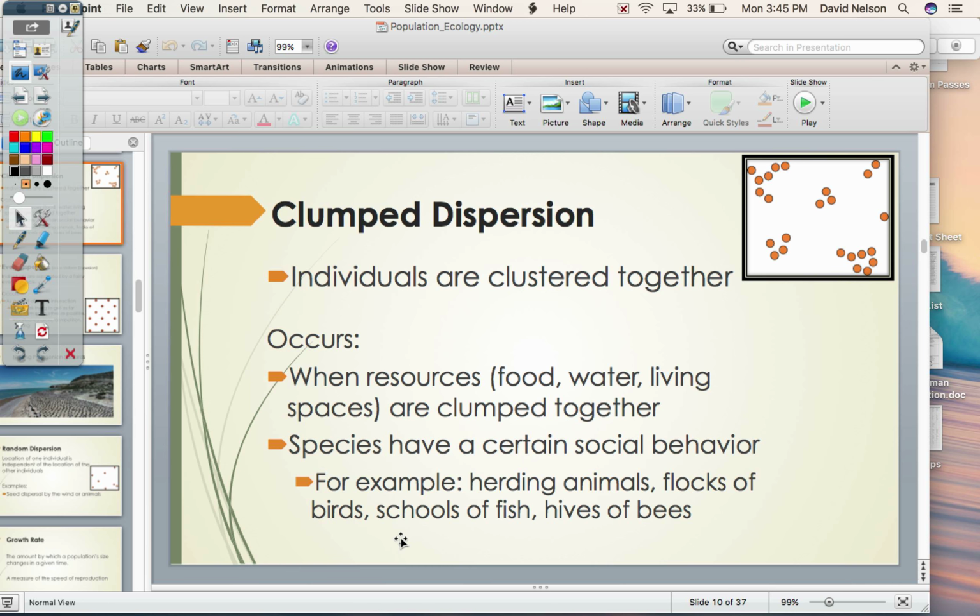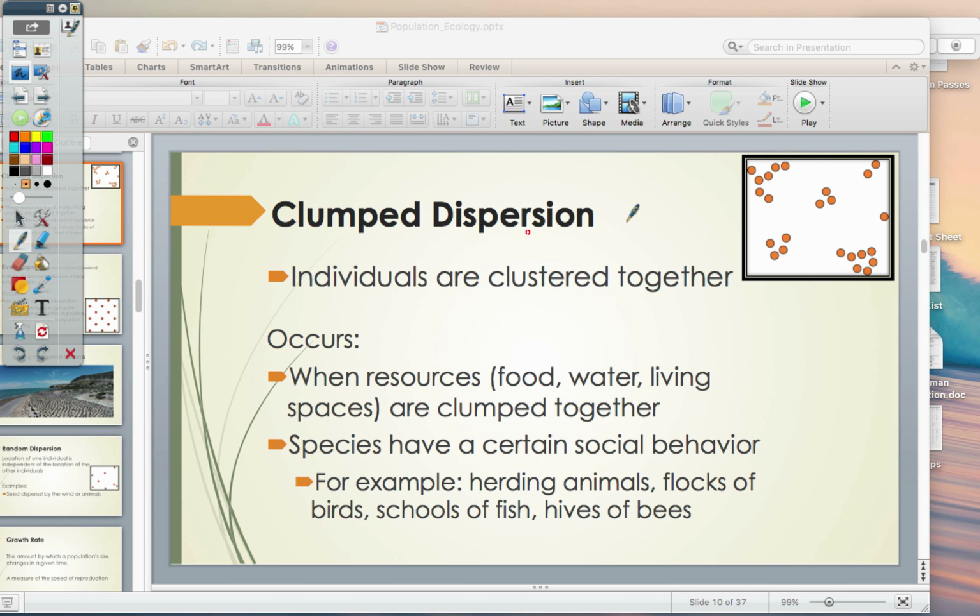So clumped dispersion, individuals are clustered together. If we look at this little picture here, we can see we have these individual little clusters of organisms that have separated from the rest of the population to create smaller little clusters. There are a number of things that might contribute to this dispersion pattern.